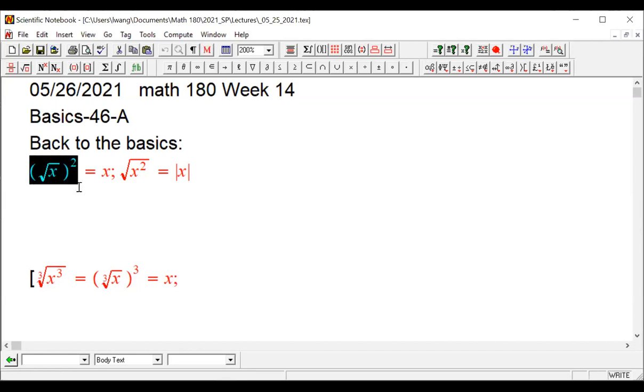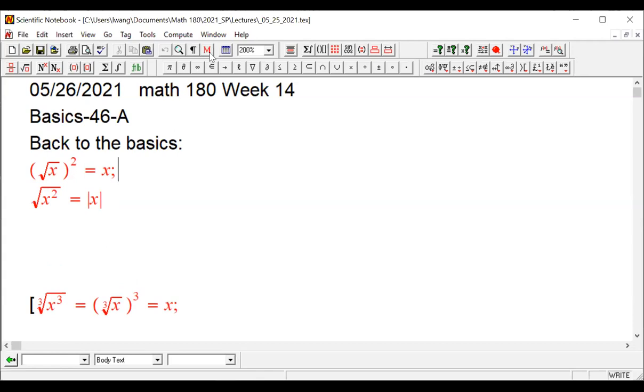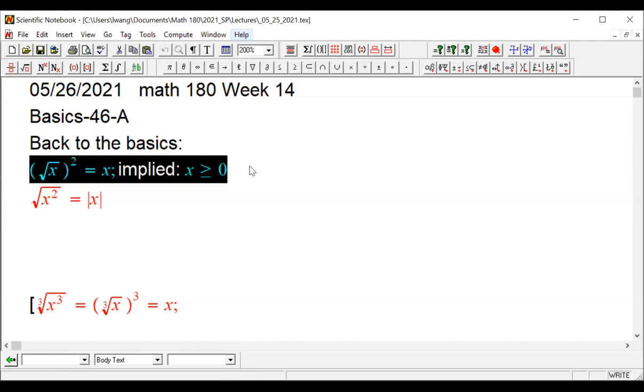By writing this down, we have implied x is larger than or equal to 0. That's implied. Then you say, why couldn't you say that explicitly? Well, that's a domain range issue. We talk about this, it's order of operation. So the domain for this one is x greater than or equal to 0. That's why this is true.